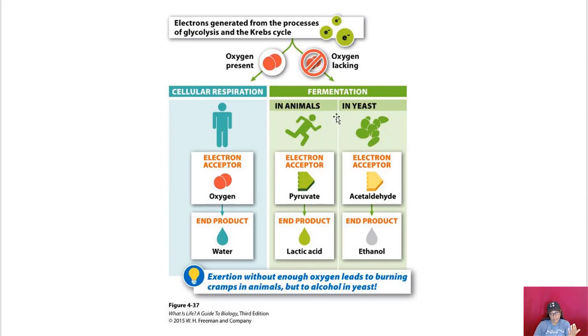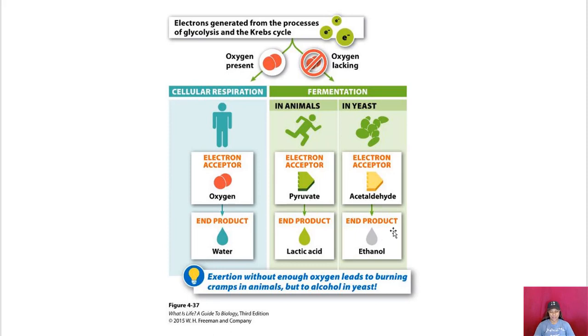But there are other organisms that is what they do. They can function very well in an anaerobic state without oxygen, right? Take a look at yeast. So their electron acceptor is acetaldehyde, and the end product for them is ethanol.